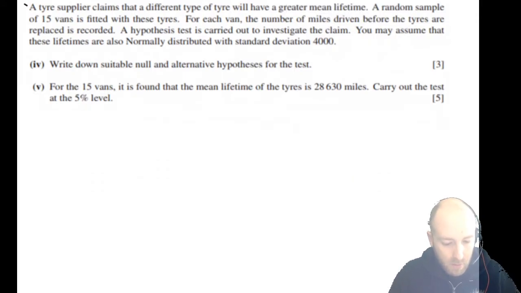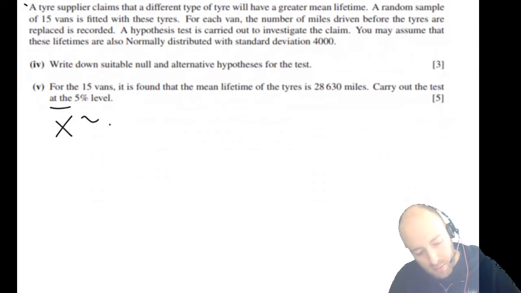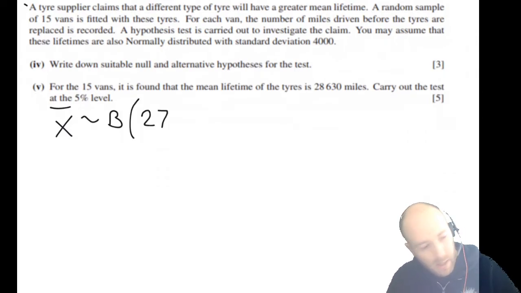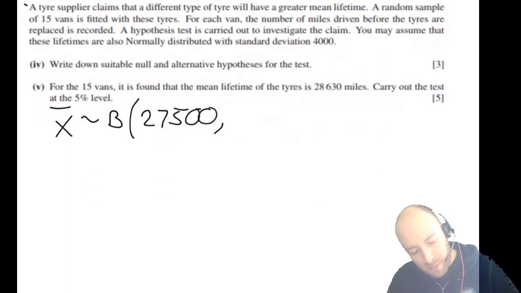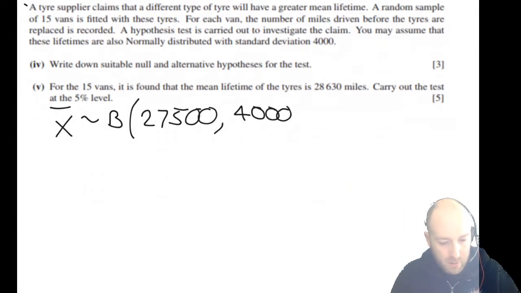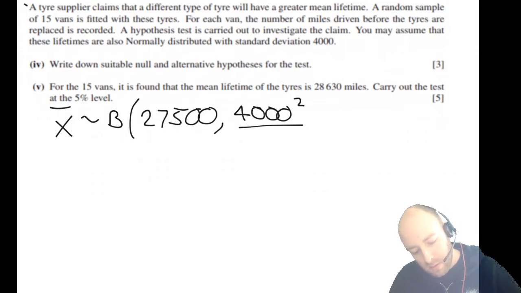All right, so a tire supplier claims that a different type of tire will have a greater mean lifetime. So we're trying to test if our tires have improved. We need the mean from earlier. So our sample mean x bar is going to be normal with the same mean as earlier, 27500, and our variance 4,000 squared, but we need to divide it by the sample size. A random sample of 15 vans, so there's our sample.